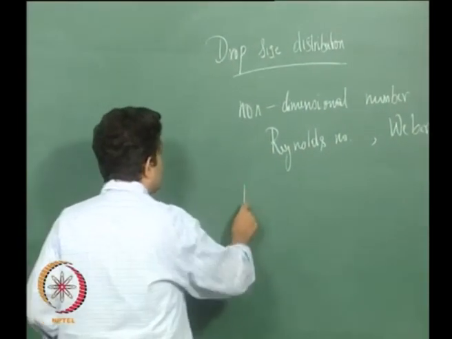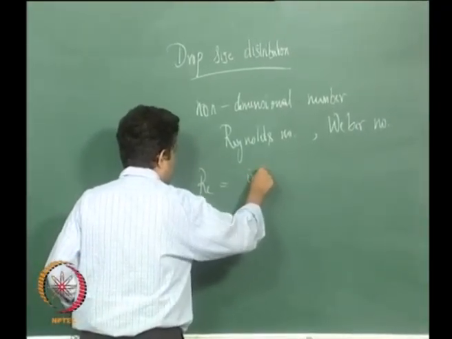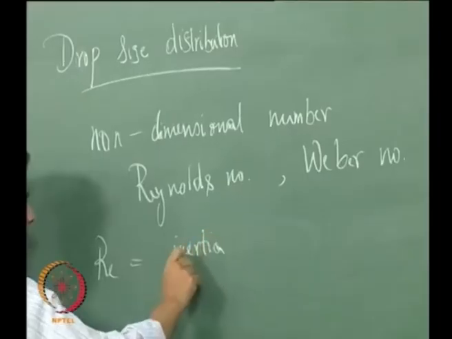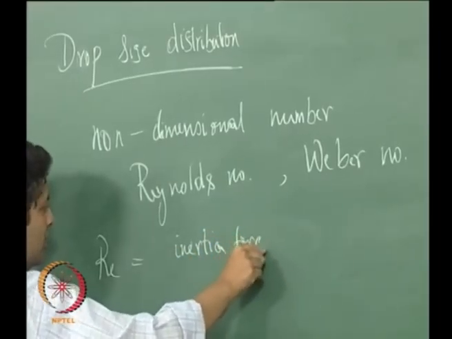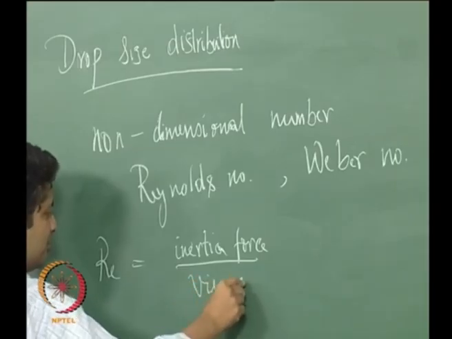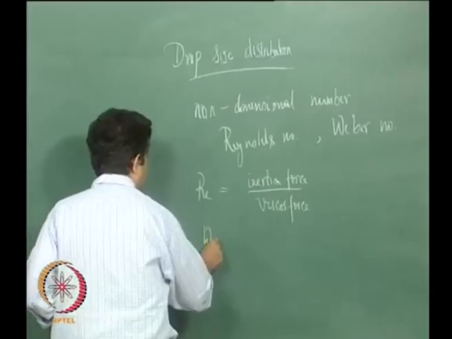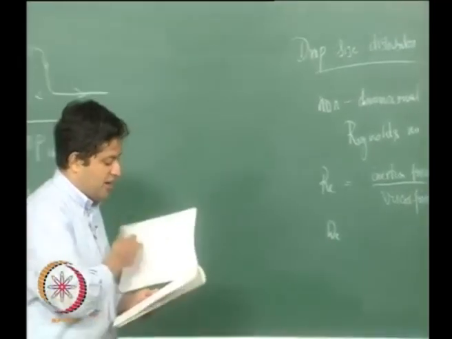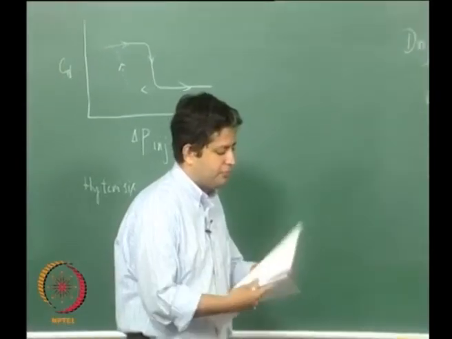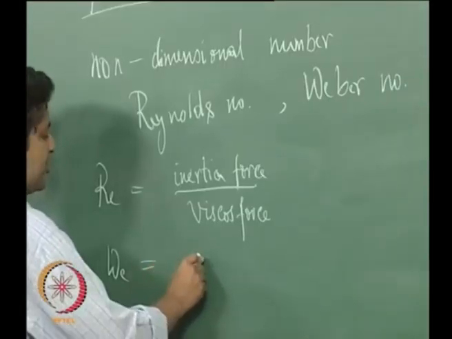Reynolds number you know is the ratio of inertia force to viscous force. Similarly, the Weber number can be defined as the ratio of inertia to surface tension.